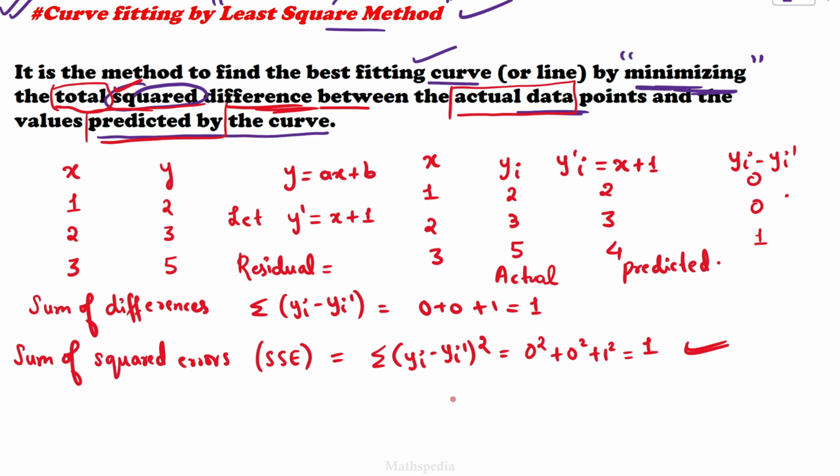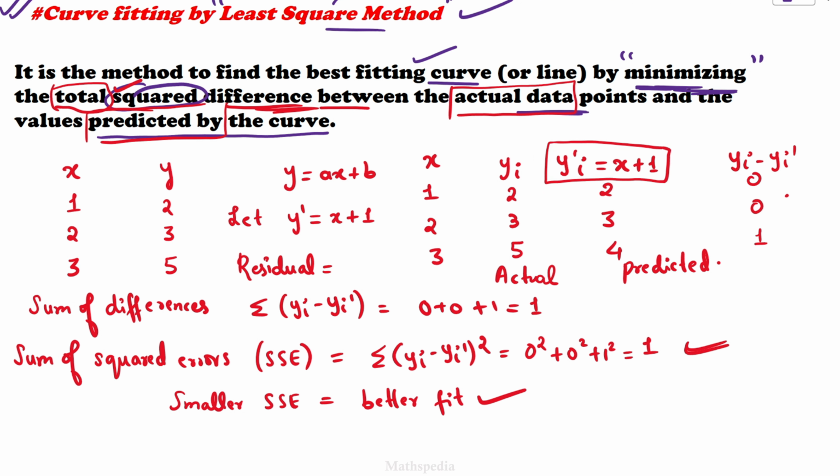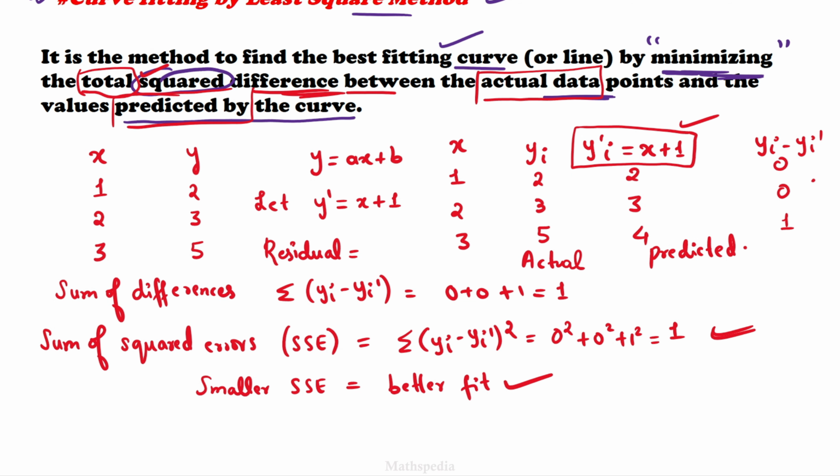So always remember, the sum of squares is what we want to minimize in the least square method. The smaller the SSE, the better the fit. What is the meaning of a better fit? That means whatever equation we have got after applying this method, this particular curve will fit the data points.